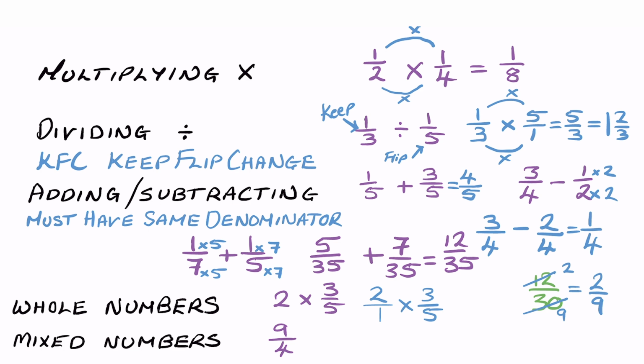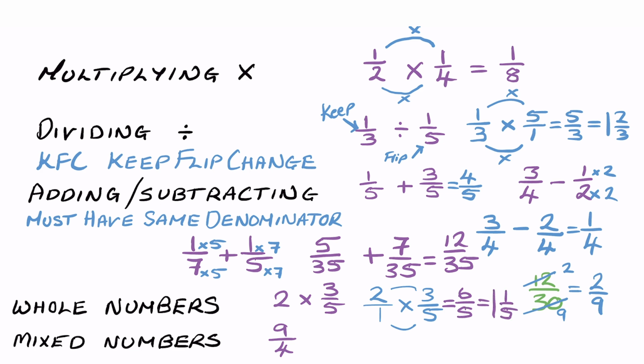And when you write it like that in fractional form, it's exactly the same as a whole number, because anything divided by 1 is itself. Remember that's all a fraction line is, it's a division sign. And now you can go ahead and multiply the top, multiply the bottom, and that will give you 2 times 3 is 6 over 1 times 5 is 5, which will give you 1 and 1/5.